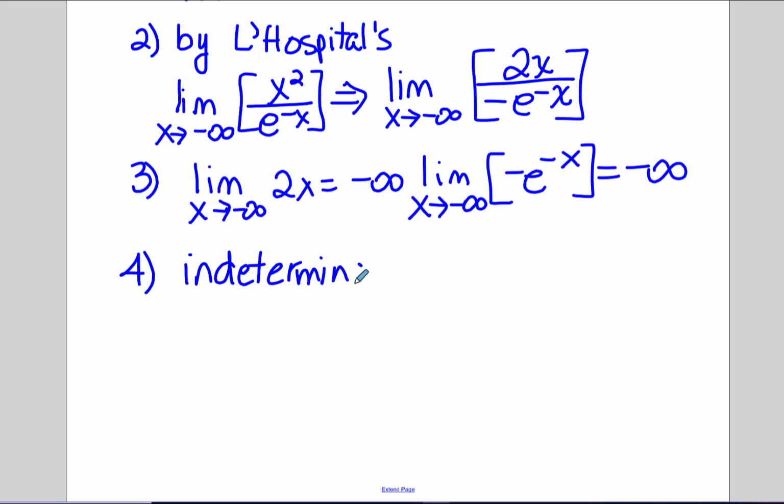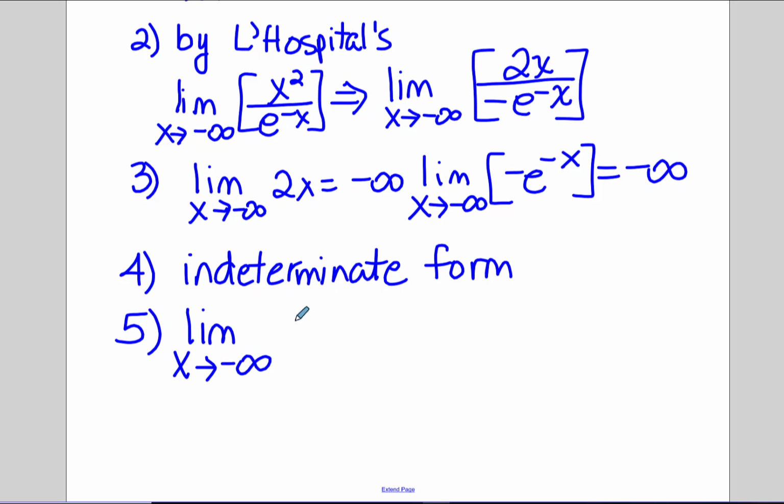I'm going to write this one a different way. We have indeterminate form. We've shown explicitly that the numerator and the denominator tend to negative infinity. So I'm saying I know it's indeterminate form, and that gives me permission to use L'Hopital's rule.